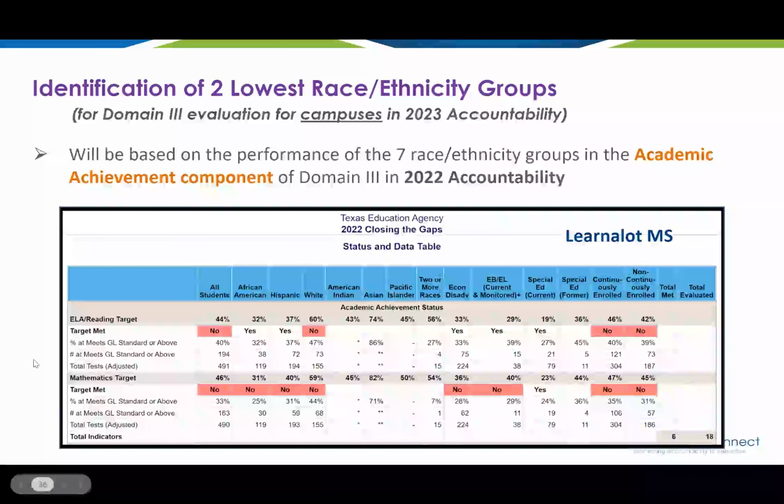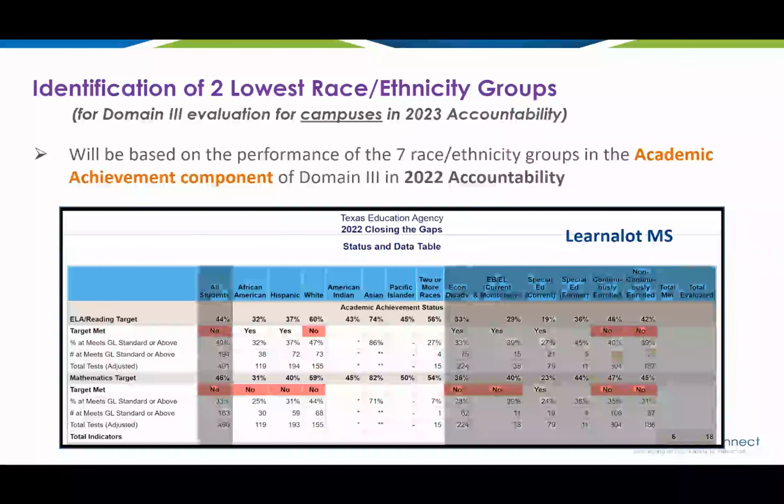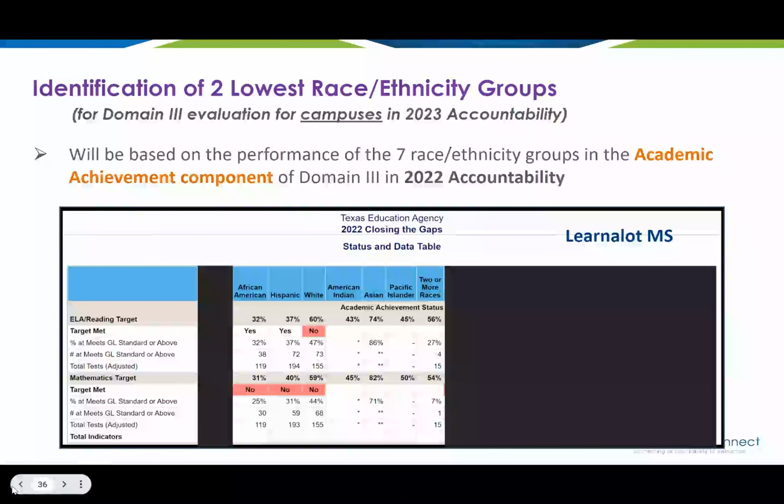In that academic achievement section, we're going to sum all the numerators in that student group for both RLA and math. Then we're going to divide that by the sum of the denominators, so how many students were tested in RLA and math. That will give you a percentage, and whichever of the two student groups have the lowest percentage will be the groups that are evaluated for 2023.